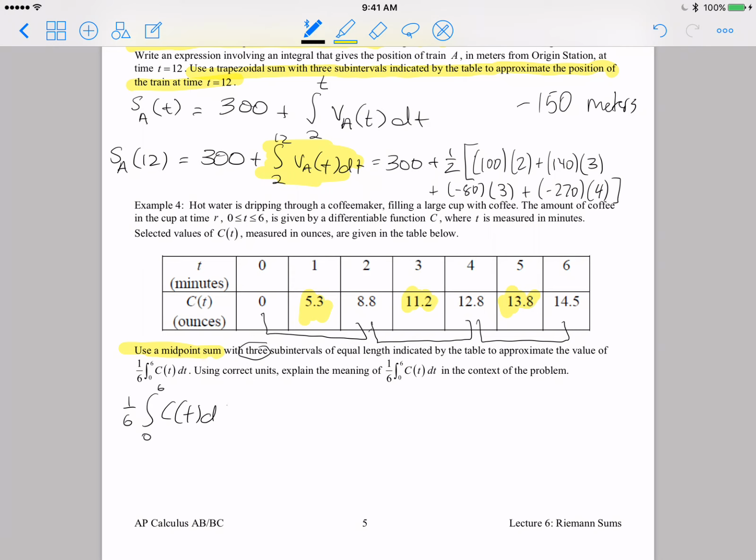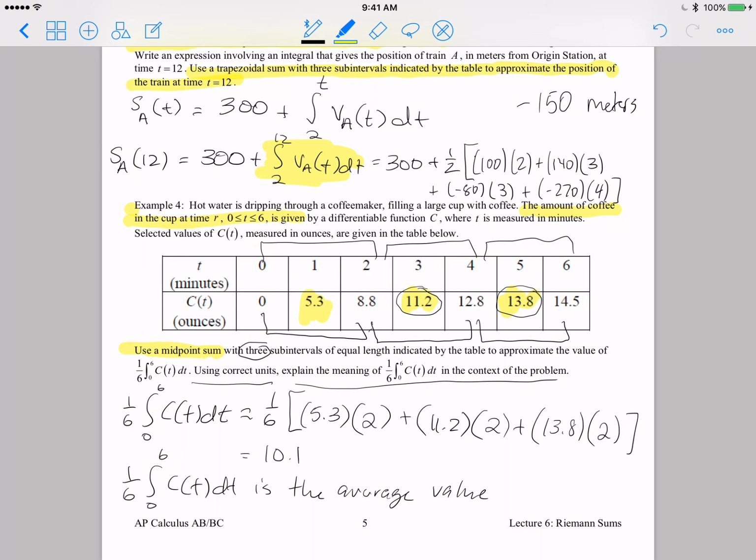So this is the average value of the function that you are integrating. Again, we're integrating c of t, which, if you look back up here, is the amount of coffee in the cup. And so this is the average value of the amount of coffee in the cup.